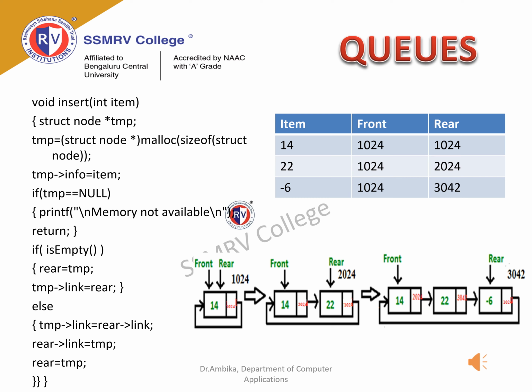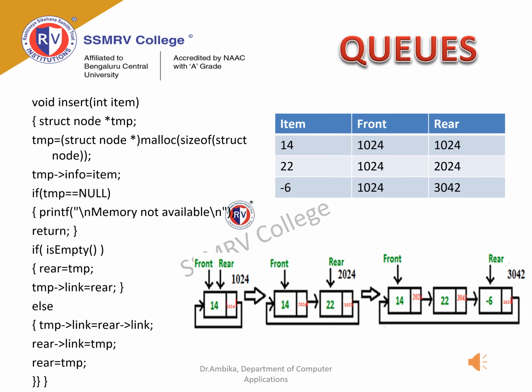In this example, the user has inserted 14 at the first instance. TMP has a location 1024. As the queue is empty, rear points to 1024 location. The pointer is pointed to the same node, that is the pointer link contains 1024 location stored in it.